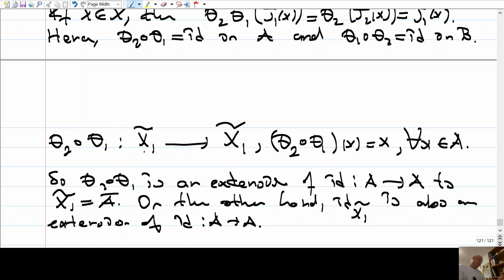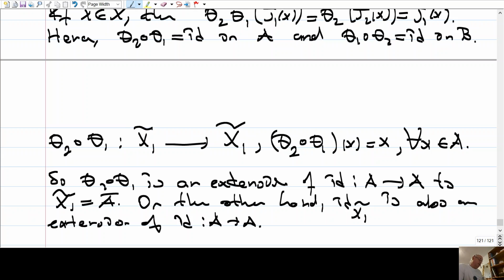A is a subset of this space, and I have the identity function on A, and this function is an extension of that identity function. However, I have an obvious extension of the identity, which is the identity of x1 tilde. So I have two extensions of a function defined on a dense subset.